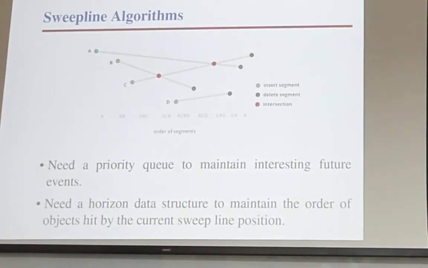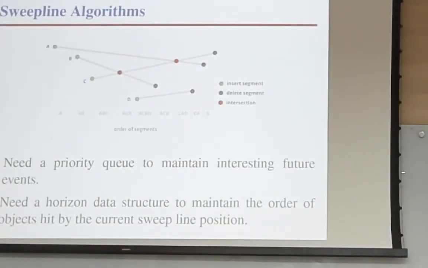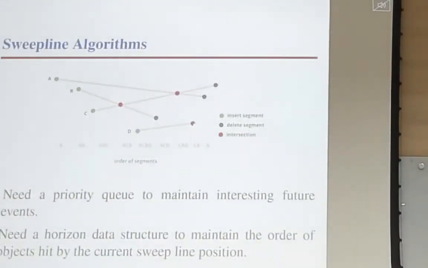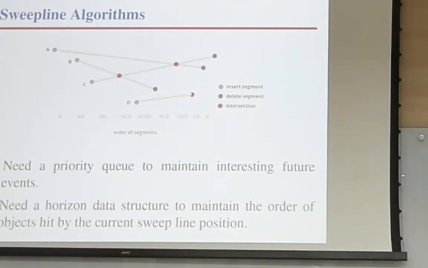Sometimes we're going to have an event where a segment disappears, when we reach the end of a segment. And sometimes it's going to be other, less easy to predict events based on what the input was. If you had a bunch of line segments given to you, finding the intersection points, another event would be an intersection point.